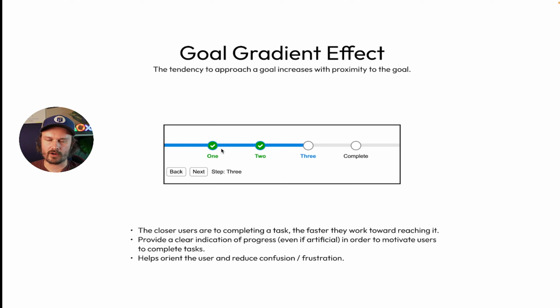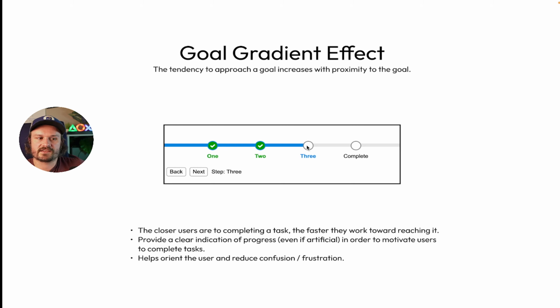However, if I had no progress bar at all, I would be significantly less likely overall to complete the task because I would have no idea how long the task is to begin with. If I didn't have this information, and I didn't know that I was on step 3, the last step, I might decide at that point that this is taking too long.